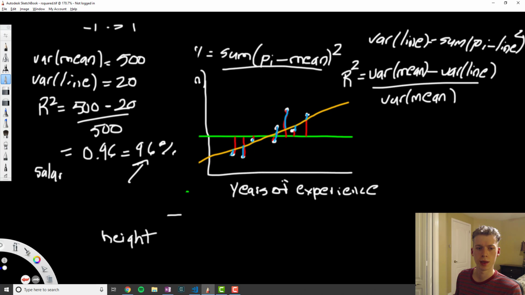What this number means is that 96% of the variance can be accounted for by the years of experience. Whenever you're building machine learning models, this would be a really good feature to have because it accounts for a substantial portion of the variance for our labeled data.